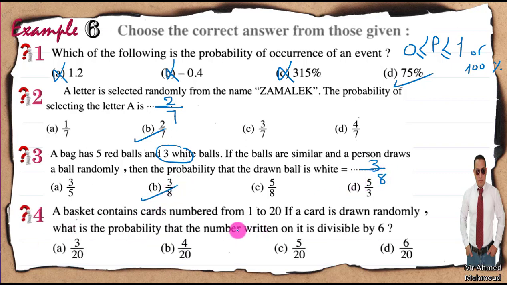A basket contains cards numbered from 1 to 20. A card is drawn randomly. What is the probability that the number written is divisible by 6?